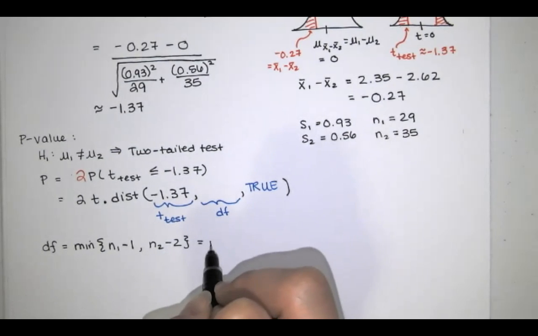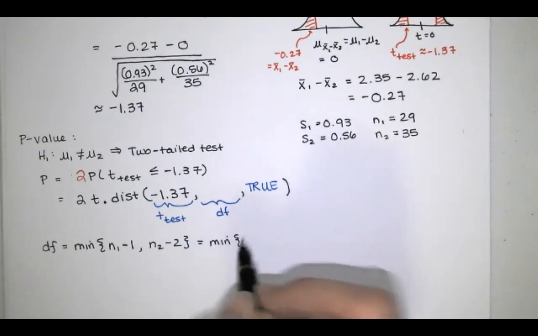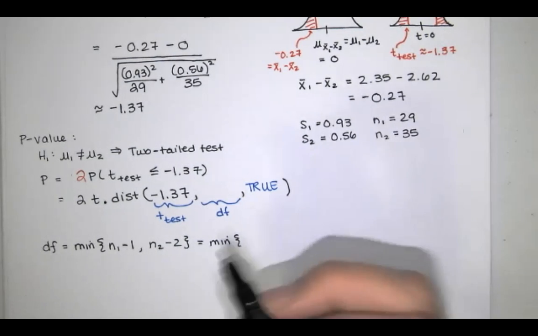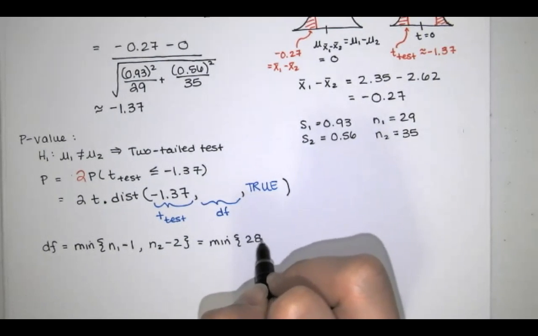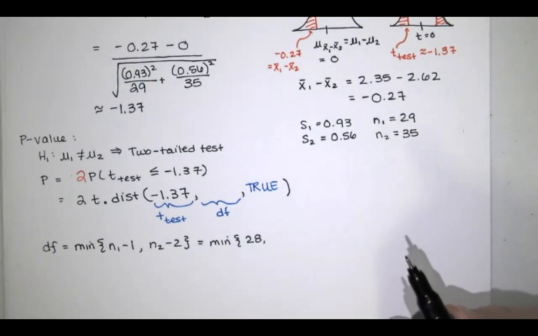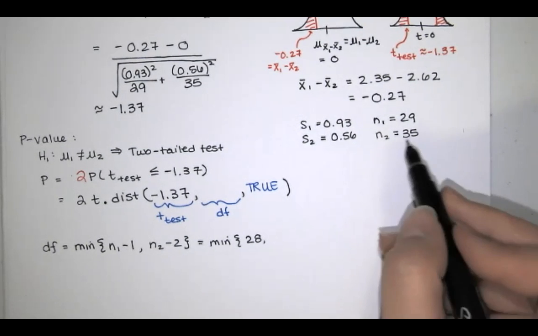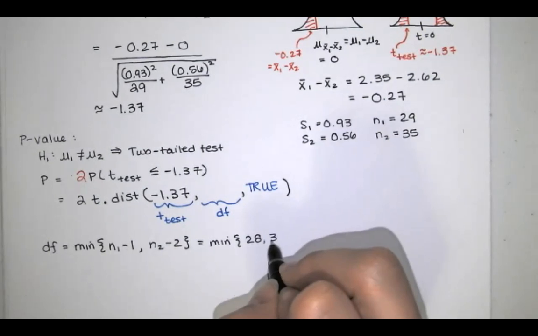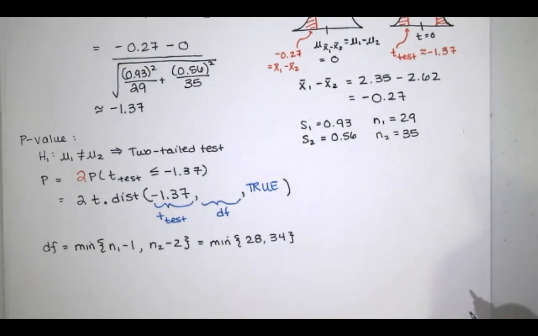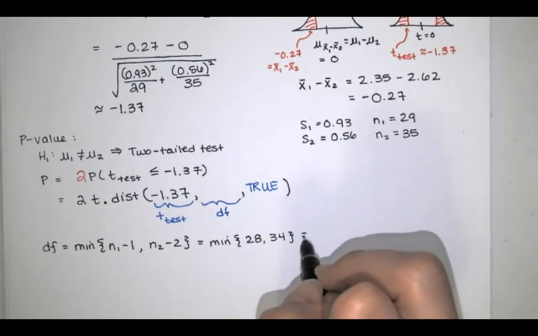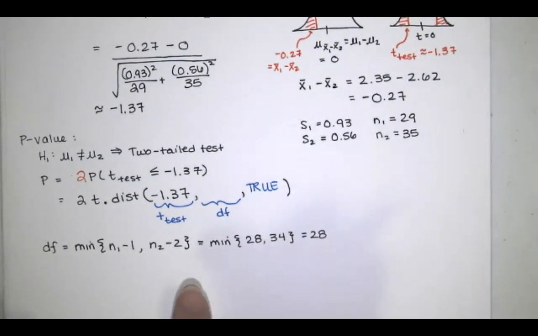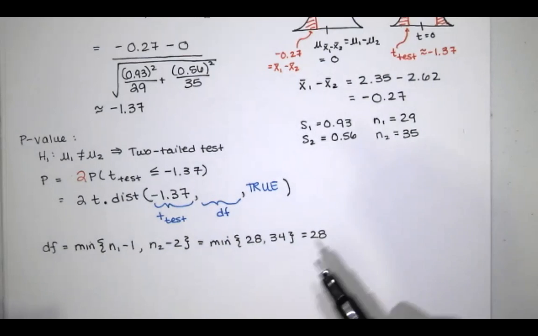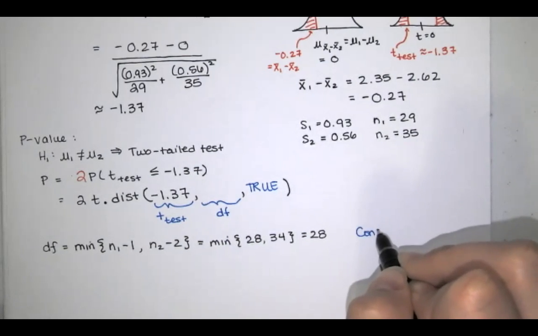In our case, our first sample had 29 in it, so we could have degrees of freedom of 28. And our second sample had 35 values in it, so the degrees of freedom would be 34. The minimum of those two is 28. So if we want a conservative estimate here, we could use degrees of freedom equal to 28.